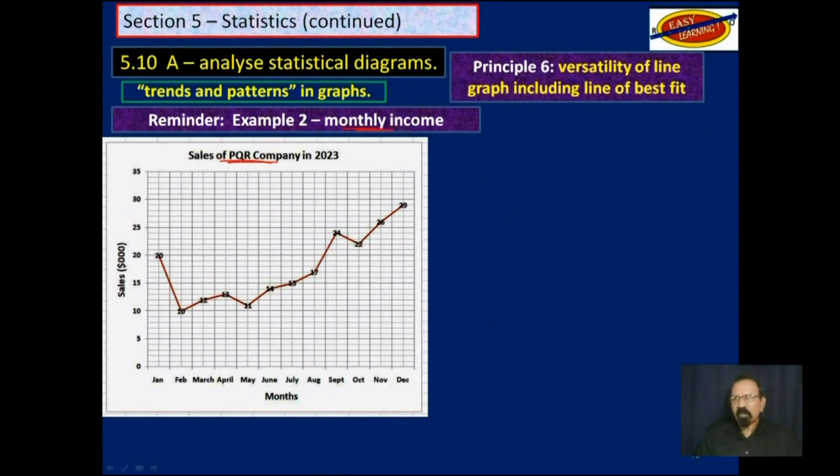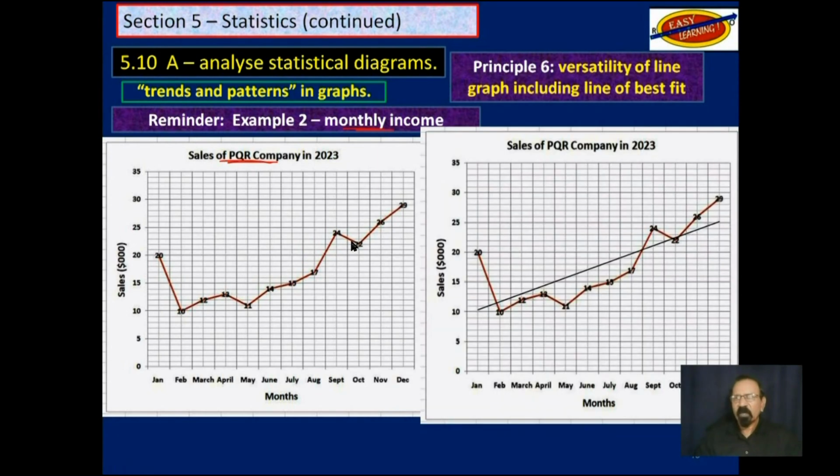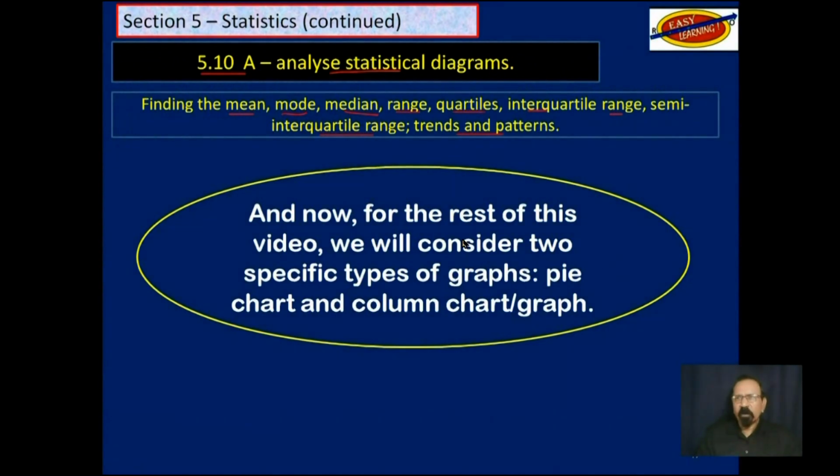So you have this line graph here, but what you can do with that line graph is this, a trend line. But really, this line graph is the most versatile. And now, for the rest of this video, we will consider 2 specific types of graphs, the pie chart and the column chart or column graph.